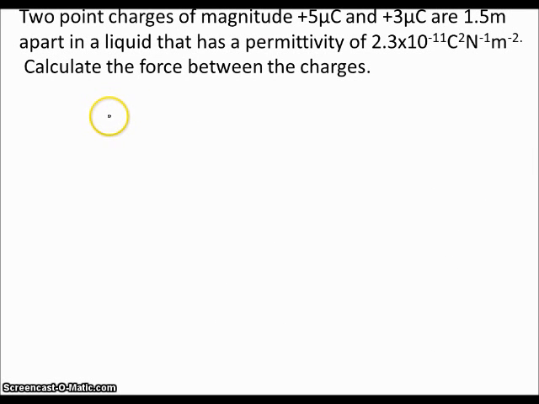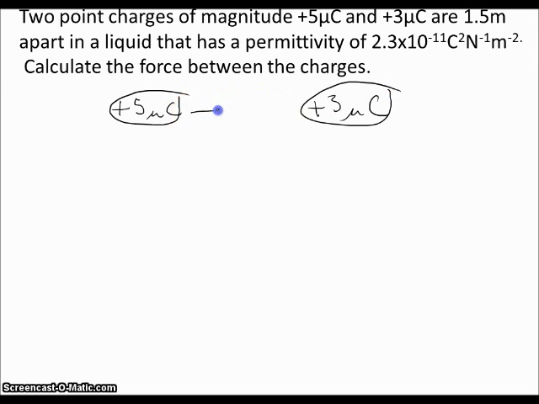So let's try another problem using Coulomb's law. So in this problem, 2-point charges of magnitude plus 5 microcoulombs and plus 3 microcoulombs are separated by a distance of 1.5 meters in a liquid that has a permittivity of 2.3 times 10 to the minus 11 coulombs per Newton meter squared.